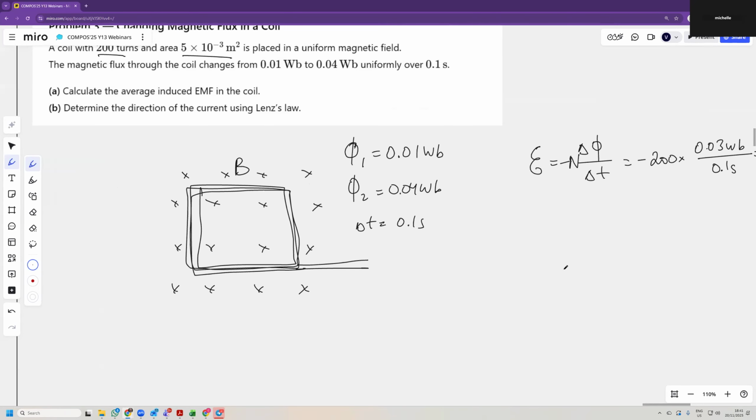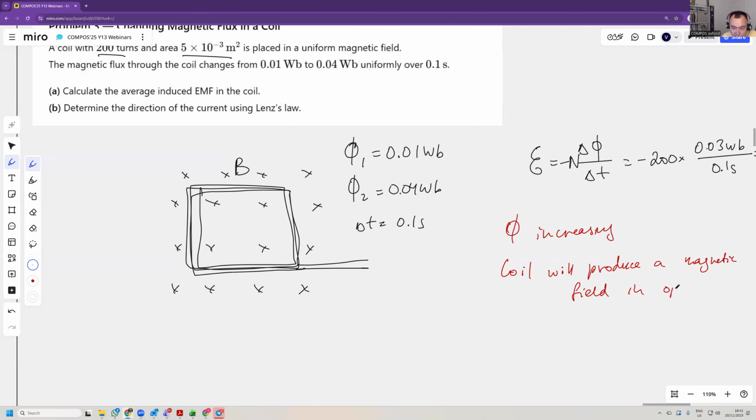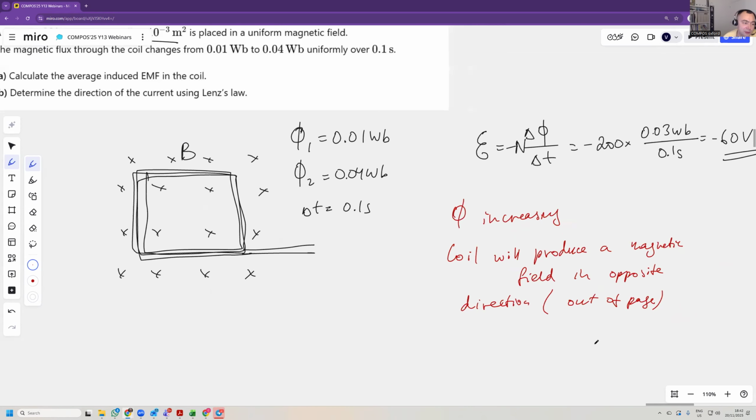the change. So now we can see that the flux is increasing. So the coil will produce a magnetic field in the opposite direction, and that means out of the page.